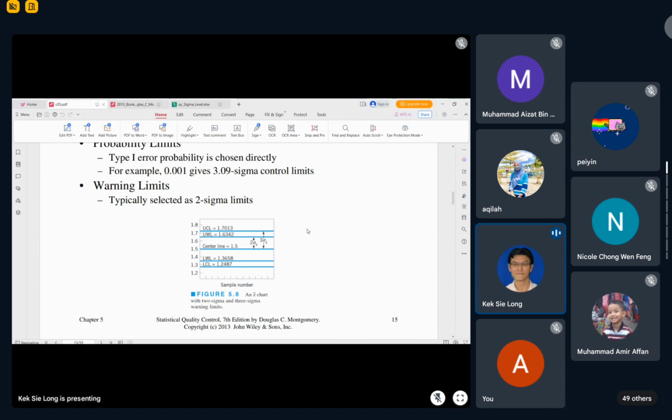Because if something has already happened, let's say we notice that there are so many sample points outside of 1.7013 and 1.2487, so many outside of these 3 sigma control limits, then the situation might be worse because maybe we need to rework, maybe we need to reproduce, or we need to repurchase.